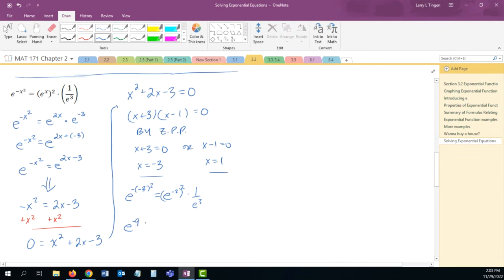There's a minus on the outside that gets to live. It hangs on. -3 times 2 is -6. 1 over e cubed is e to the -3. E to the -9th is equal to same base, add the powers. E to the -9th, they check.